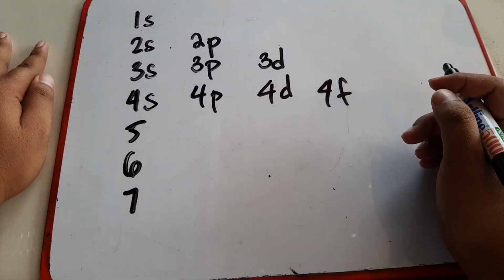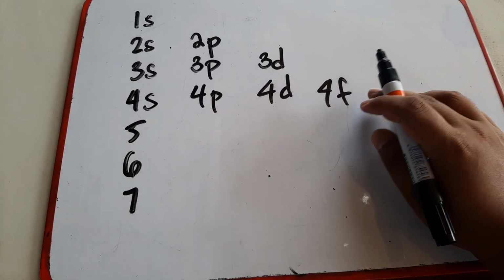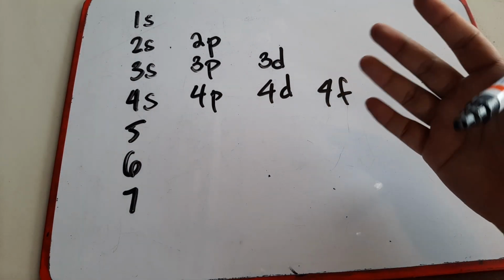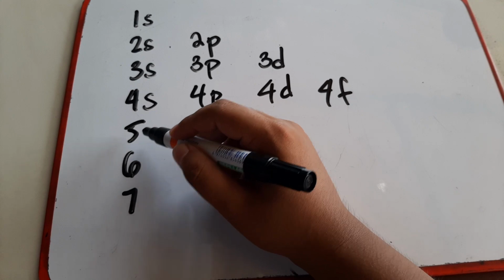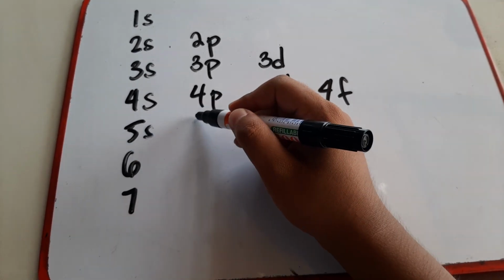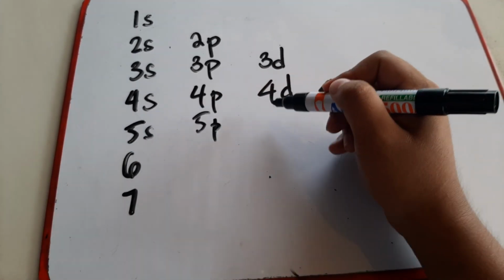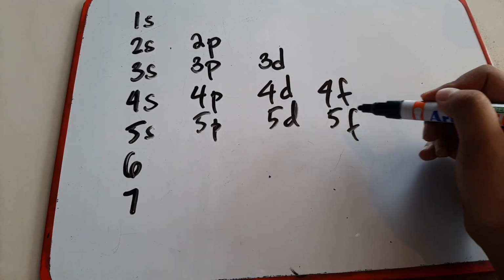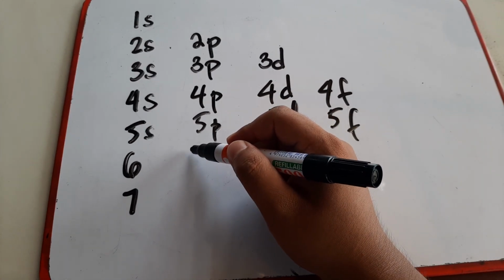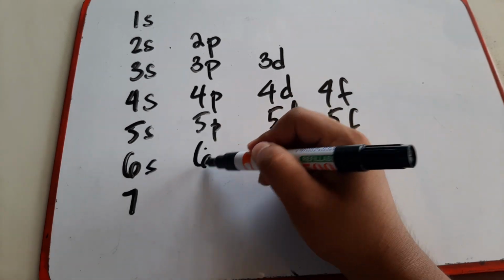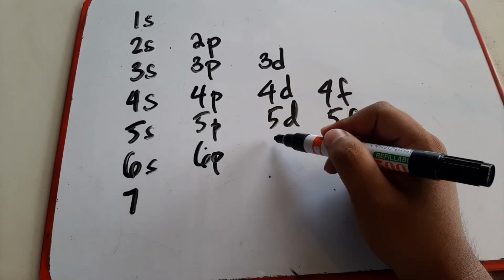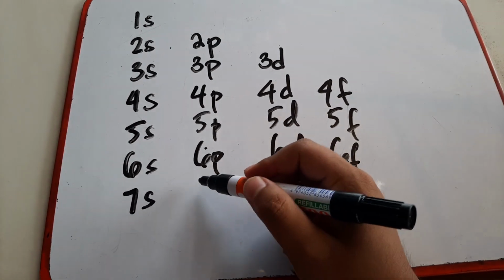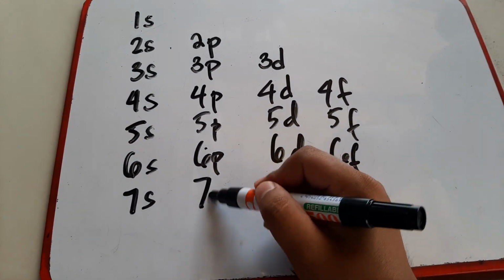Now, we have a limit. We don't have G, H, I. We only have 4 subshells. So even though we have 5 here, it will only have 4 subshells. So I'll just copy: 6D, 6F, 7S, and 7P.